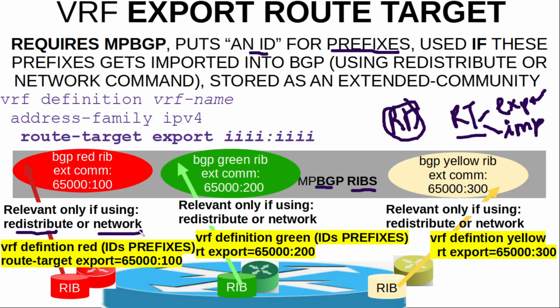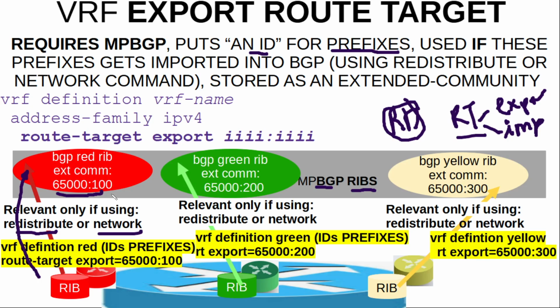But if you also want to assign an ID to these prefixes that you are going to inject into BGP, this is where the route target export kicks in.